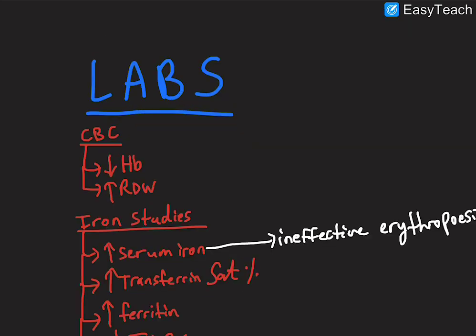Let's look at labs now, since we understand the causes and what sideroblastic anemia is. The main labs to focus on, let's start with the CBC. You would see low hemoglobin.